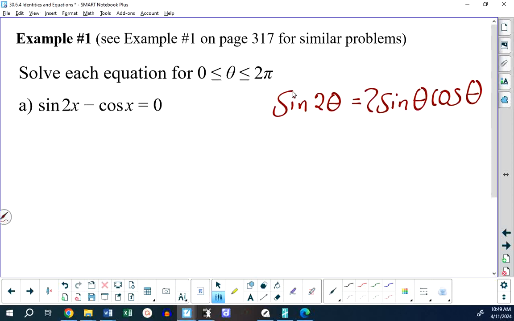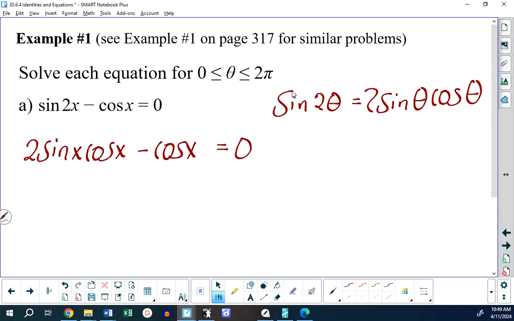This equation is going to go from sine of 2x minus cos of x equals 0 to 2 sine x cos x minus cos x is equal to 0. And as I started off my discussion today of what we're doing, here's evidence of what I was talking about. This has now turned into a Unit 3 question.